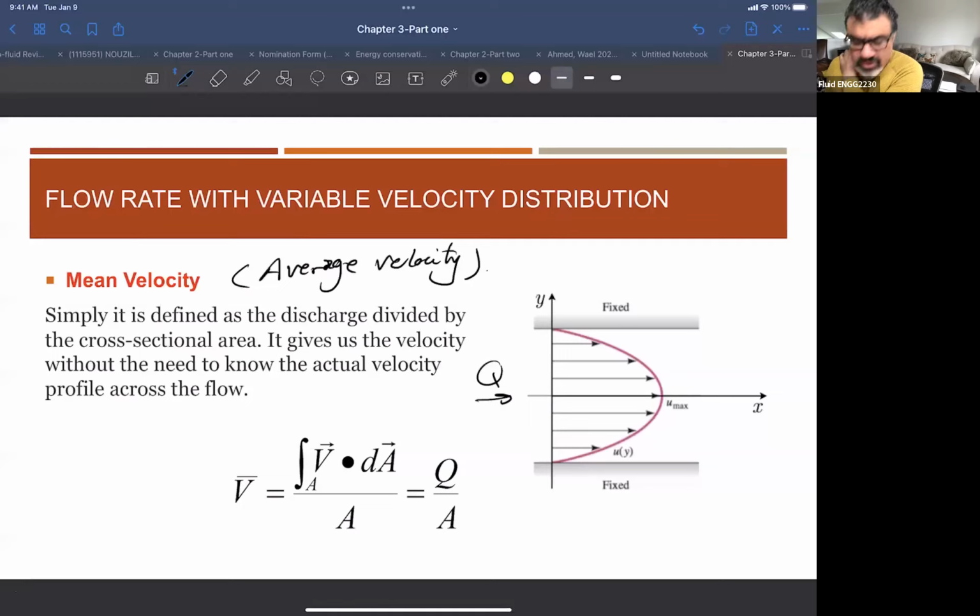Now, average velocity here means we just need to get the average value, right? You guys in math, when you have a function like this, you can take the average of these functions. So it's a very simple concept.